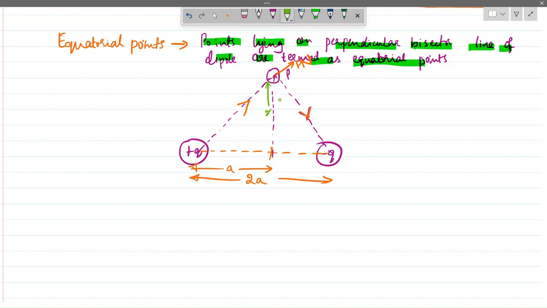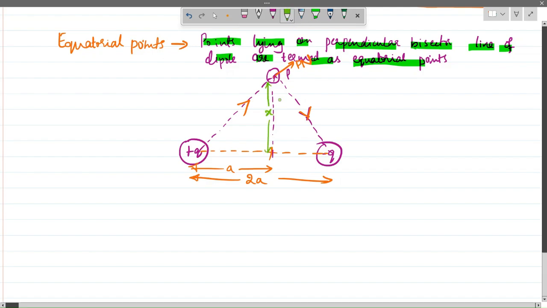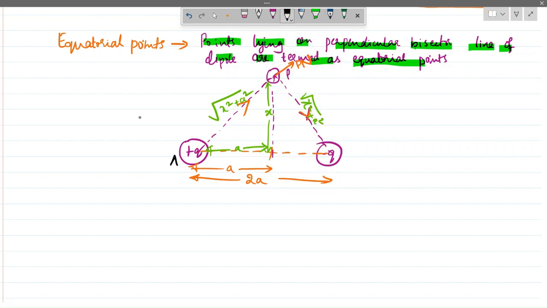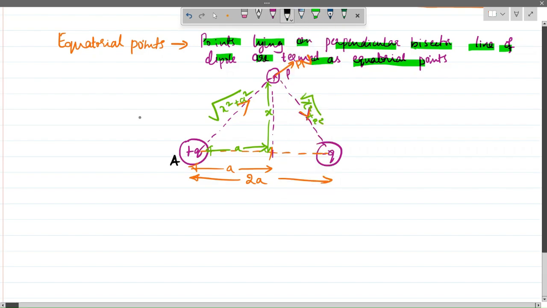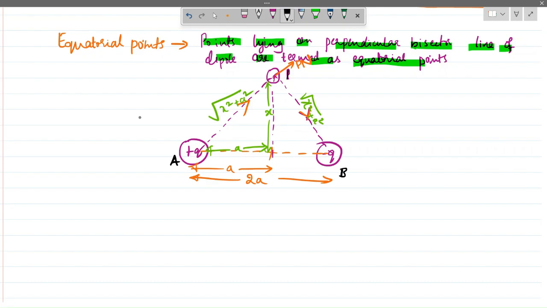Suppose this distance is x and this is a. Then this distance, by Pythagoras theorem, is root of x square plus a square, and this is also root of x square plus a square. Name them as A, B, and this is P.